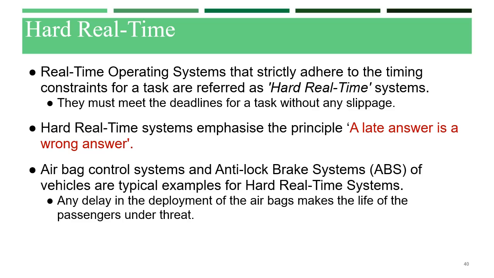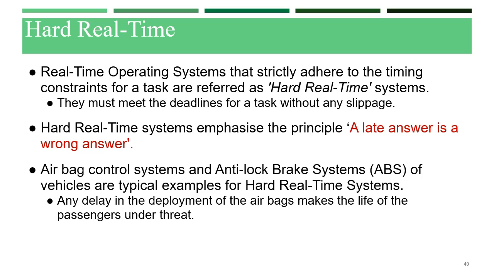A system can have several such tasks, and the key to their correct operation lies in scheduling them so that they meet their time constraints. Airbag control systems and anti-lock brake systems of vehicles are typical examples of hard real time systems. The airbag control system should go into action and deploy the airbag when the vehicle meets a severe accident.